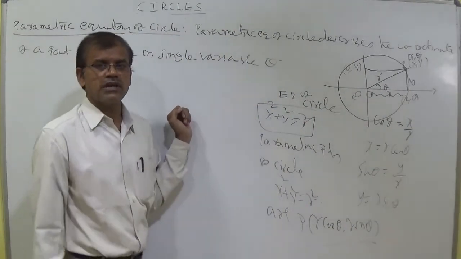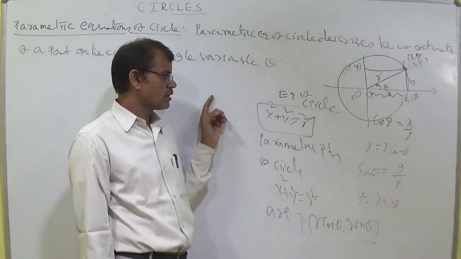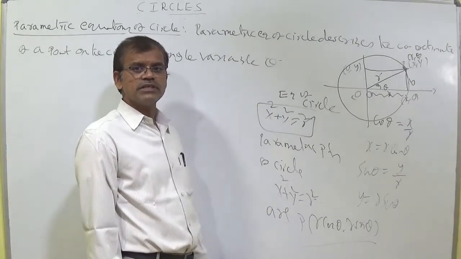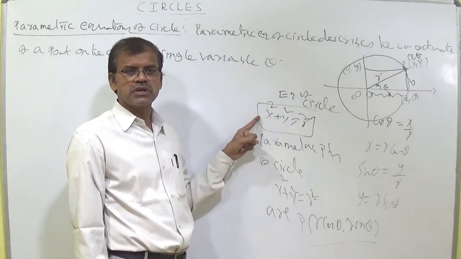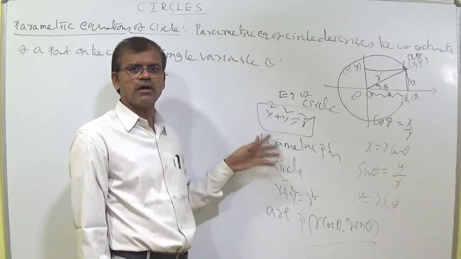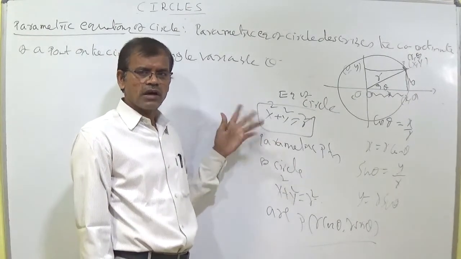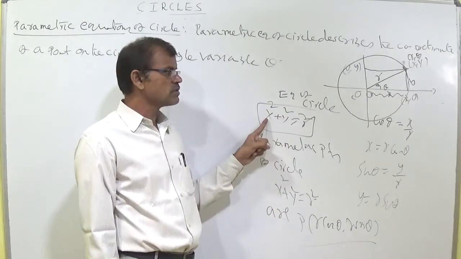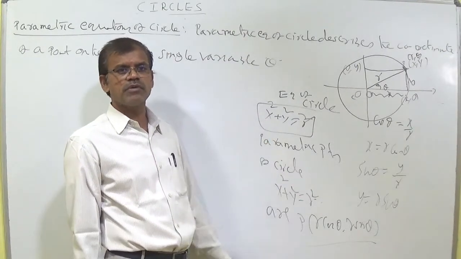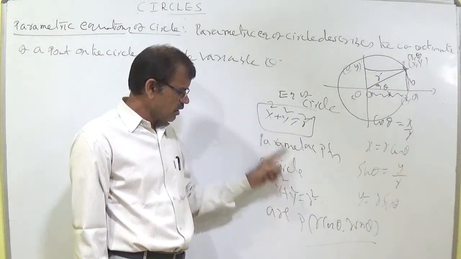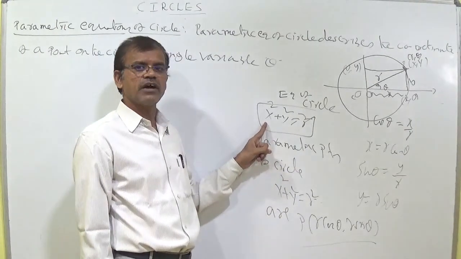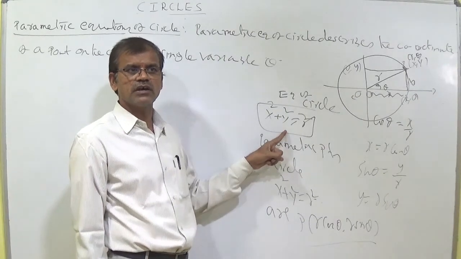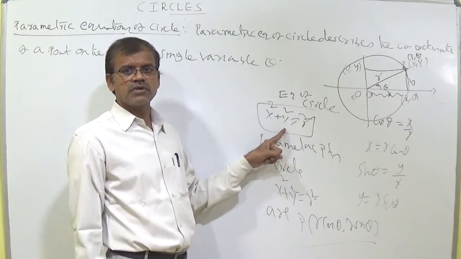Somebody used to say that parametric points are the points which satisfy the given equation. Maybe the equation of parabola, ellipse, hyperbola, straight line, curve, anything, if any point satisfies the given equation, such points are called parametric points. Here, instead of x you put r cos theta, you will be getting r square cos square theta, and you put y as r sin theta, you will be getting r square sin square theta.